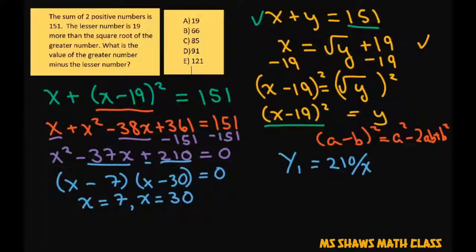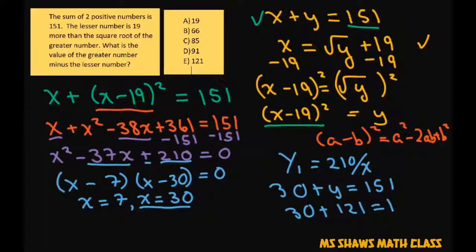So I'm going to take the 30. And if I take the 30 as my x, you get 30 plus y equals 151. That would mean 30 plus 121 equals 151. I did that mentally. So that would be your x plus your y.